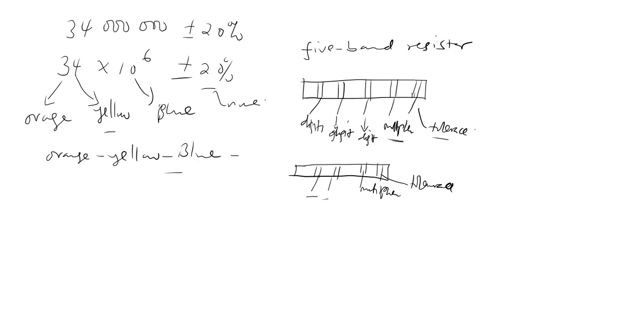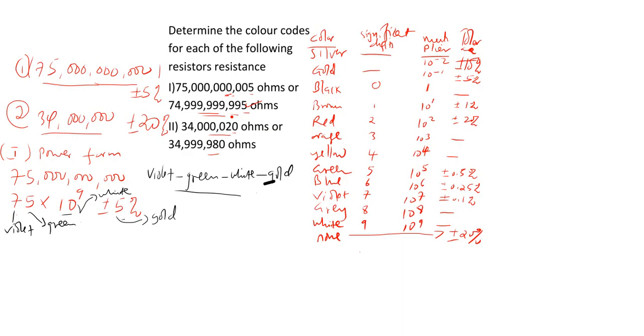And that is what has happened here. This is a 4-band resistor whereby we have two digits, a multiplier and a tolerance. Also in the first Roman, this was a 4-band which represented two digits, a multiplier and a tolerance. We don't have 5-band or 3-band.